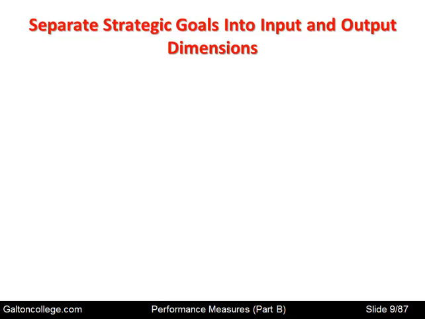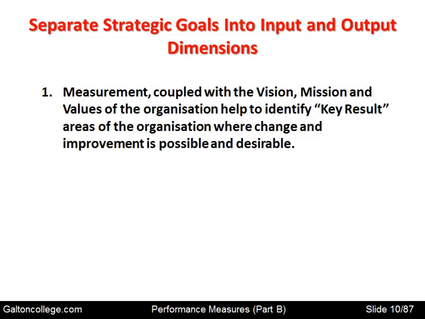So if we're looking at performance measures, presumably we should be looking at inputs and outputs to try and gauge the performance of the business. So measurement, coupled with the vision, mission and values of the organization, helps to identify key results. And the key result areas of the organization where change and improvement is possible and desirable, to be more specific.